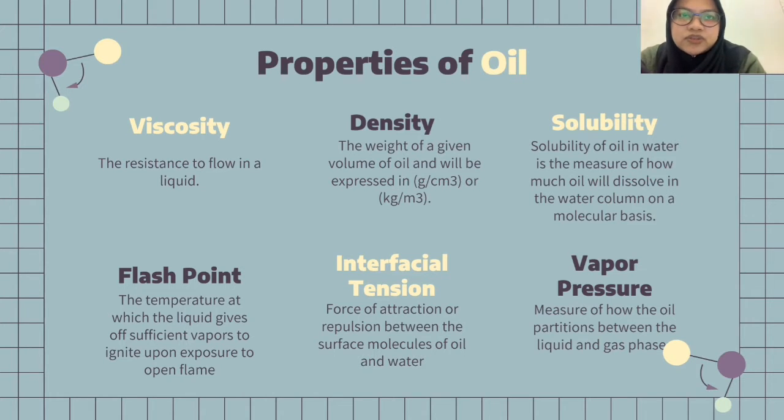The next one is the interfacial tension, which is the force of attraction or repulsion between the surface molecules of oil and water. Lastly is the vapor pressure, the measure of how the oil partitions between the liquid and gas phase.